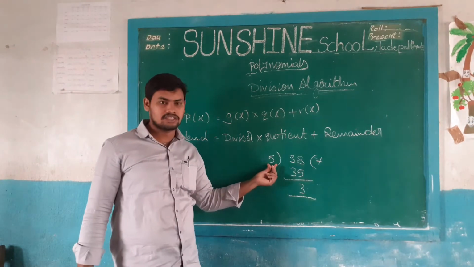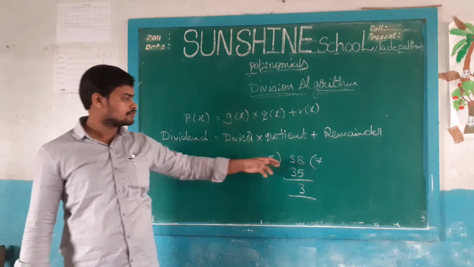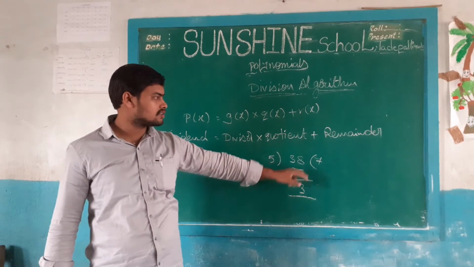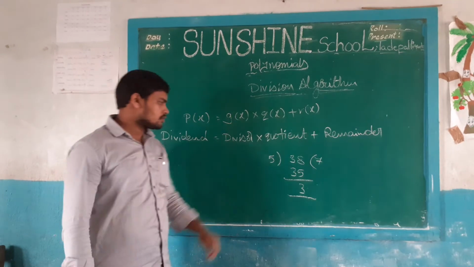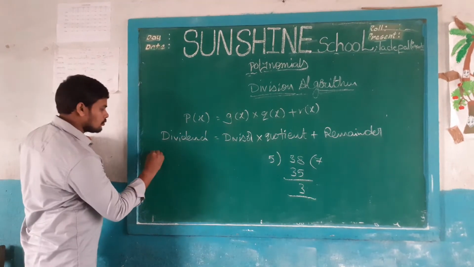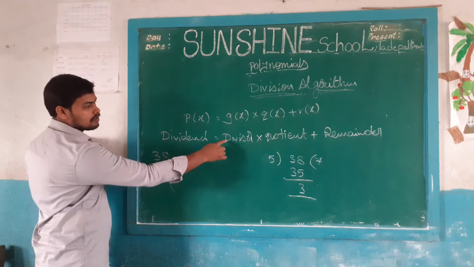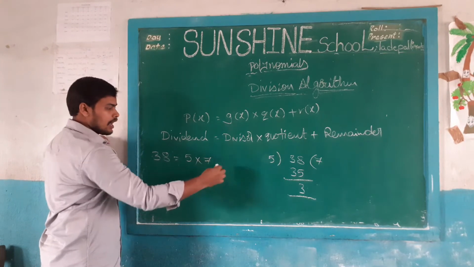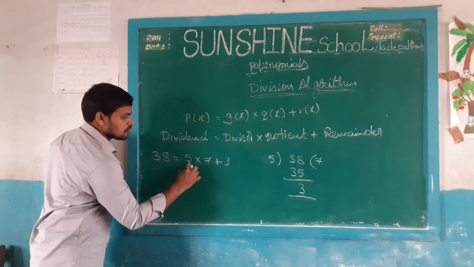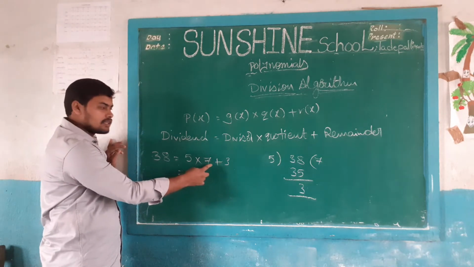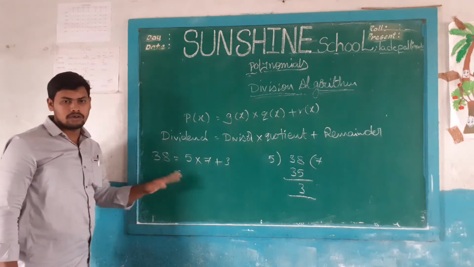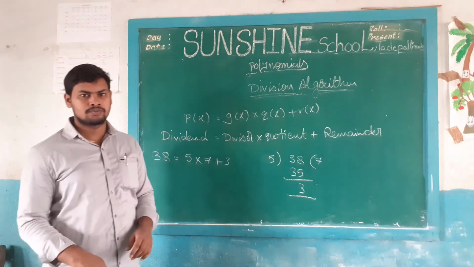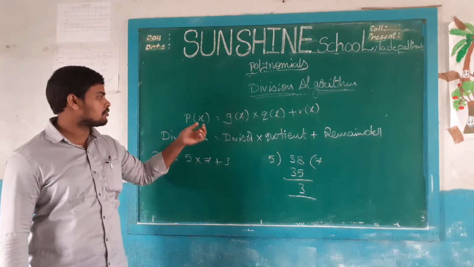So 5 is the divisor, 7 is the quotient, and 3 is the remainder. So the dividend 38 equals divisor 5 times quotient 7 plus remainder 3. 5 sevens are 35, 35 plus 3, 38. So it is verified.